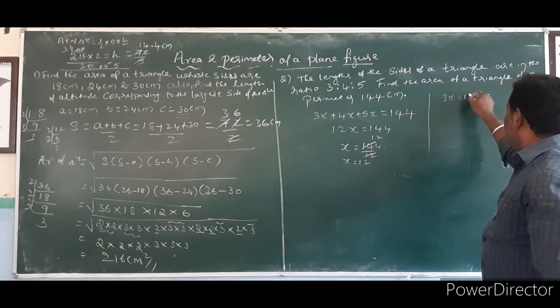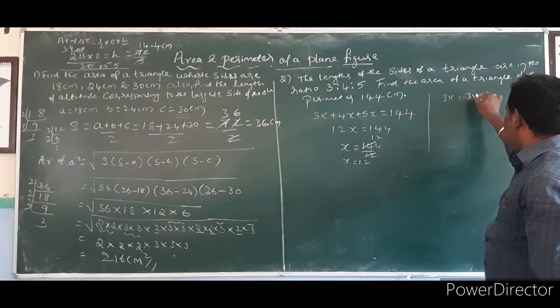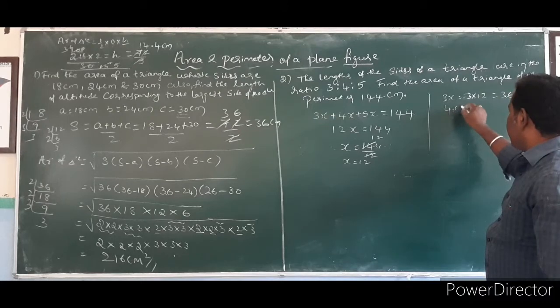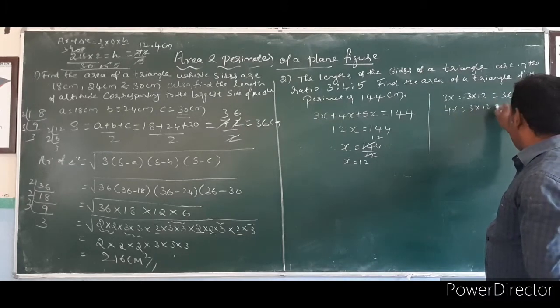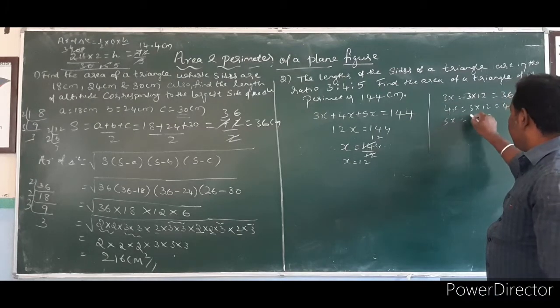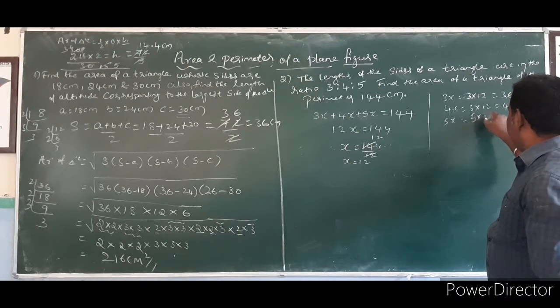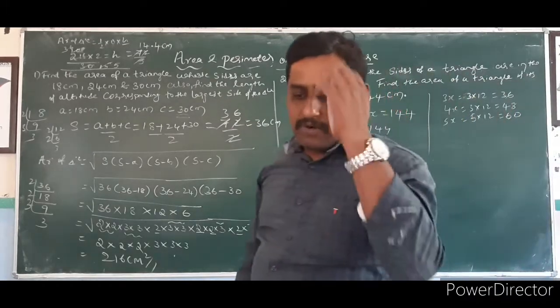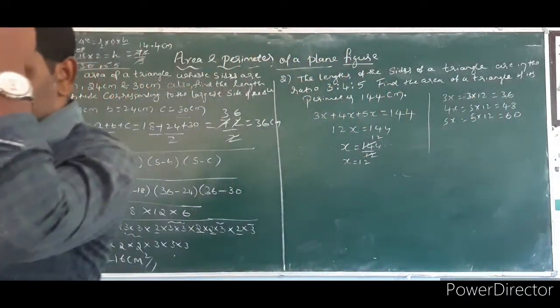3x means 3 into 12, 36. Next 4x means 4 into 12, 48. Next 5x means 5 into 12, that is 60. 36, 48 and 60.